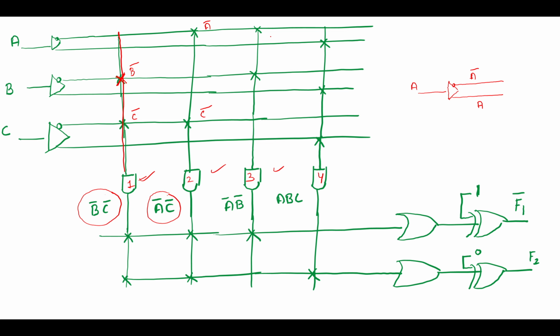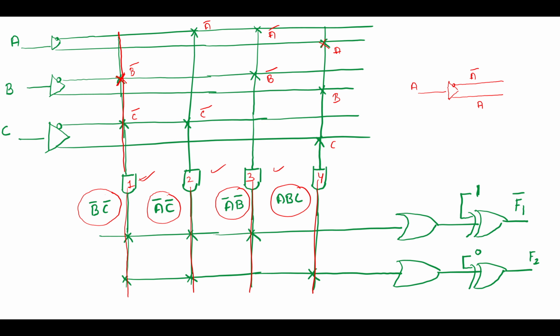Similarly the third gate, this is a bar and this is b bar. Okay, so this AND gate provides you a bar b bar. And similarly in the fourth gate, this is a and this is b and this is c. So this AND gate provides you the abc term. So all these product terms are available here on these wires.